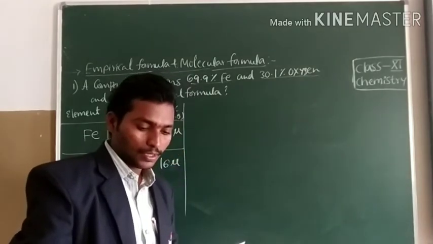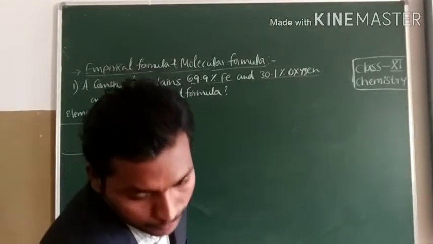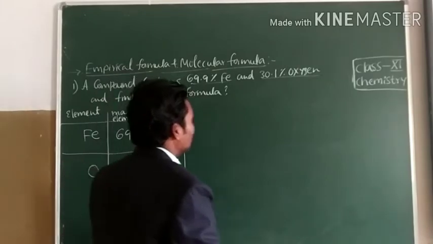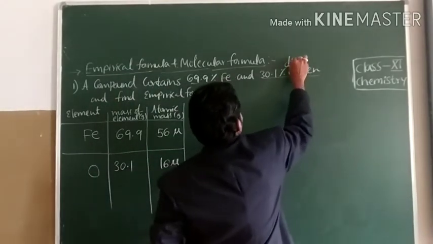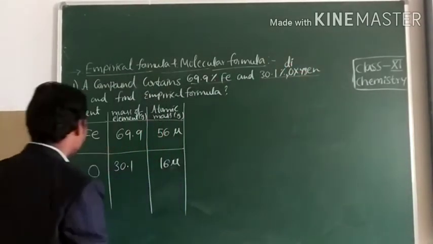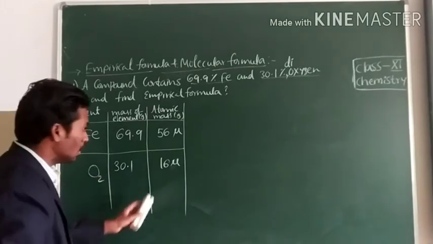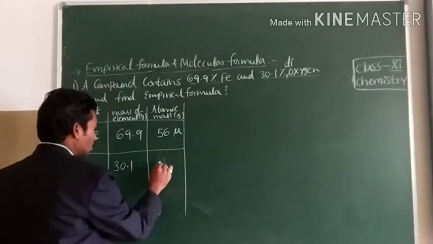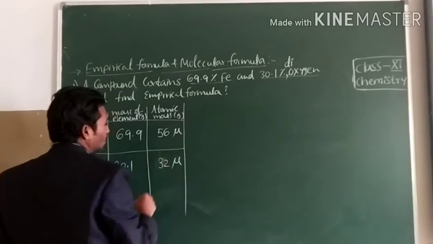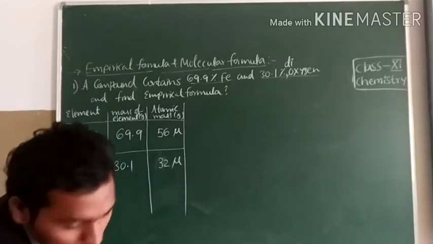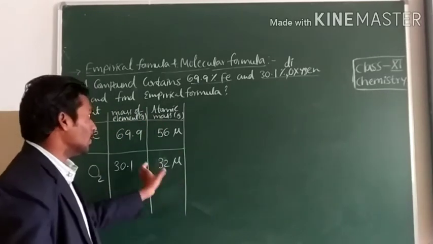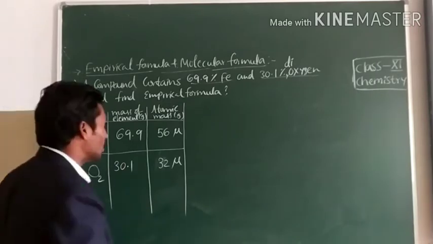They asked about dioxygen. Dioxygen means O2, children. O2 means its mass is different. Molecular mass of oxygen is 32 mu. So, third column, atomic mass. Now we have to find the number of moles.